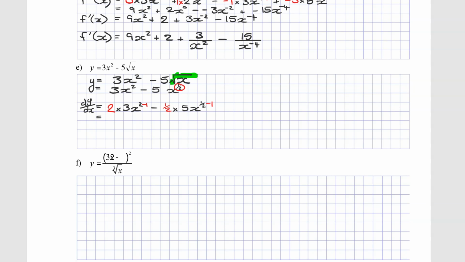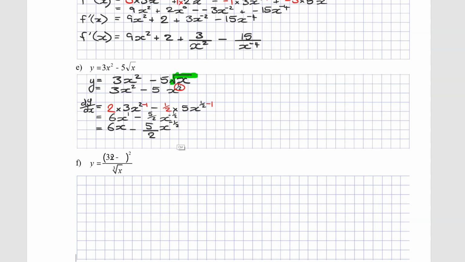Going down, evaluating the coefficients, 2 times 3 is 6x to the 1 minus, it's going to be 5 on 2, like so. Then x to the half take 1, so that's going to become negative a half. Interesting. All right, moving down, we've got 6x to the 1, which is simply 6x, and then we've got this 5 over 2, and we've got the x to the negative a half.